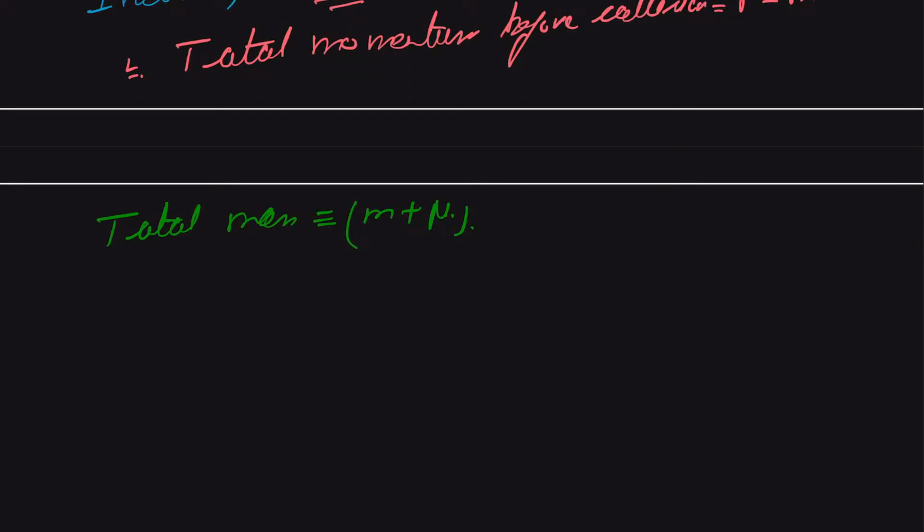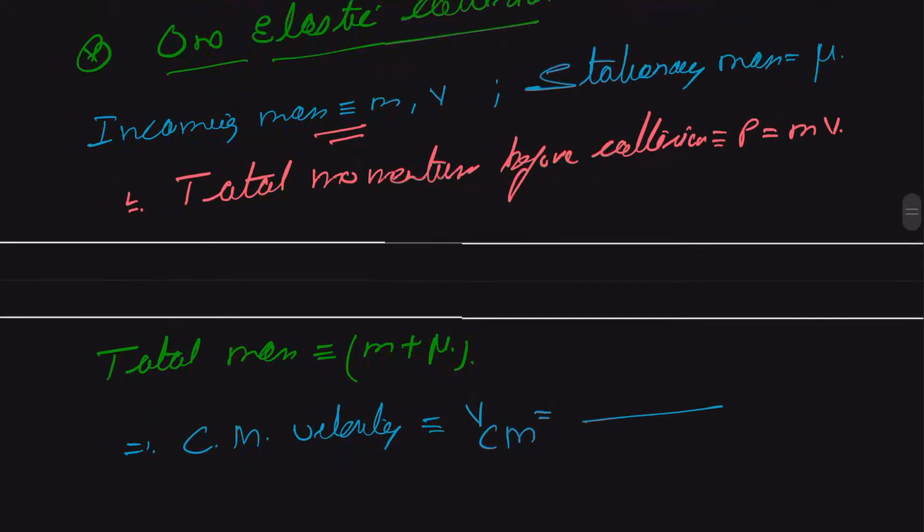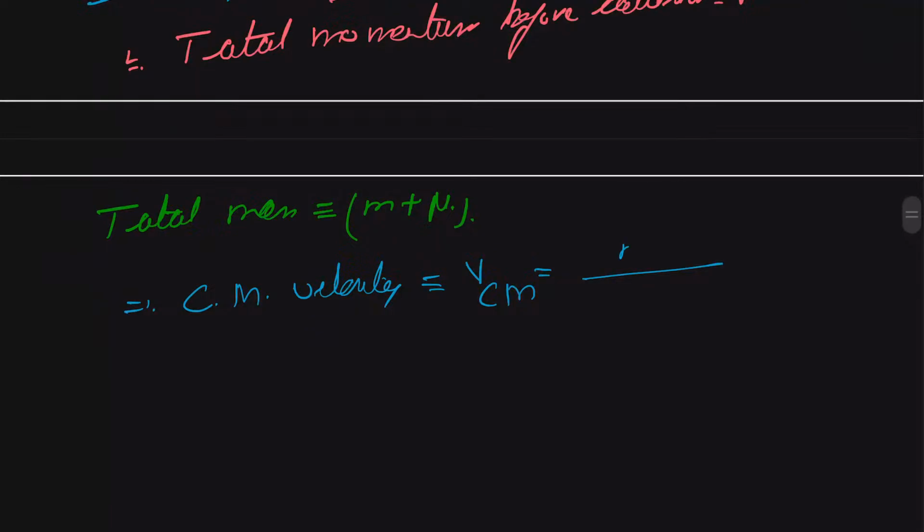So from here we can write that center of mass velocity is equal to our VCM. Then the VCM will be equal to our momentum, mv, divided by total mass of both particles.